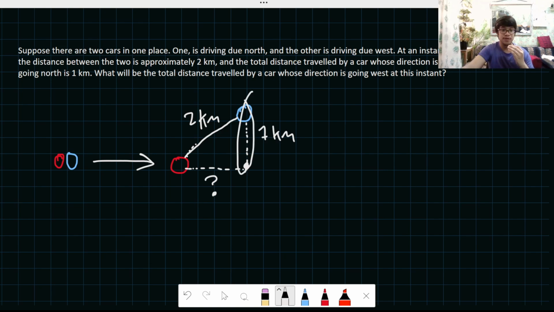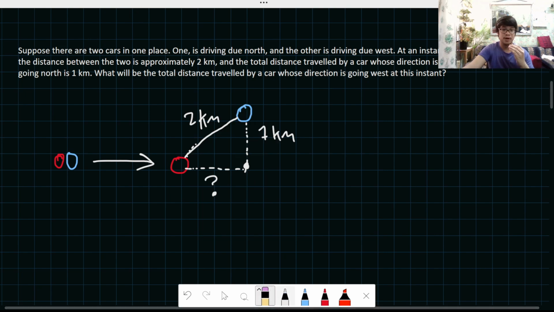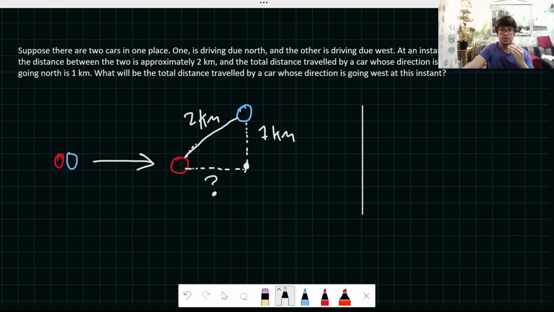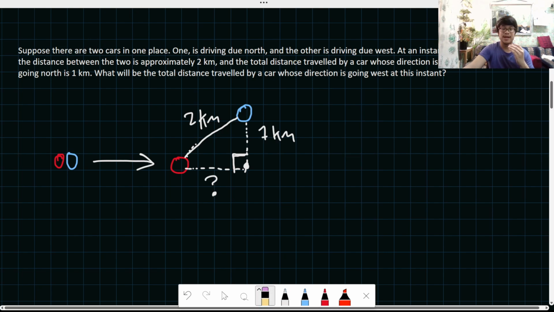So these two, the vertical and the horizontal, are perpendicular to each other. All right. And what I mean by perpendicular, it's like you're making a cross, just like this. And since they're perpendicular to each other, that means they have a right angle between them. All right. So here we have a right triangle. So with that, we can apply Pythagorean theorem.